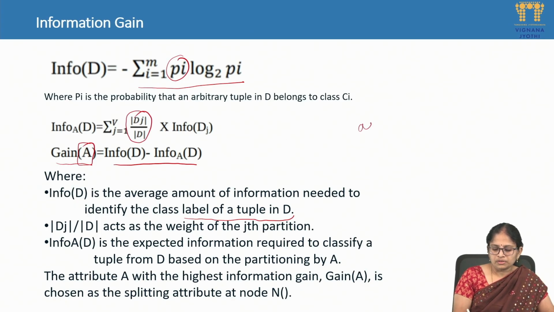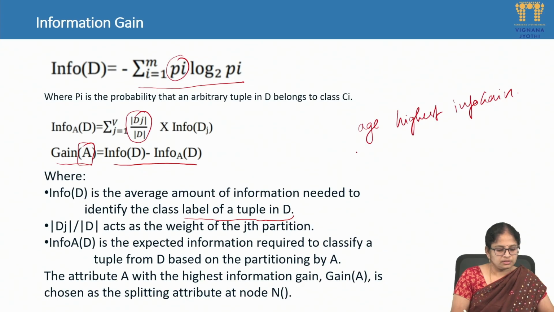In our previous example, out of all the attributes, age has the highest information gain value. Hence, this is selected as the root node to start the construction of the tree.